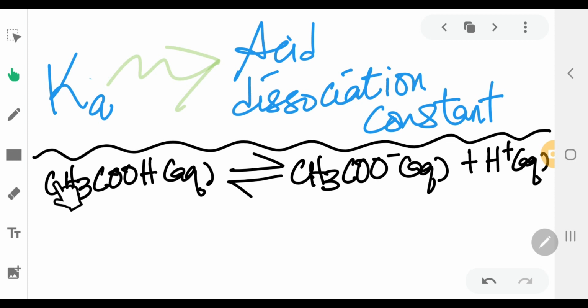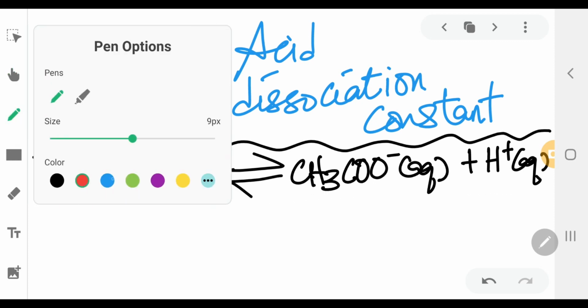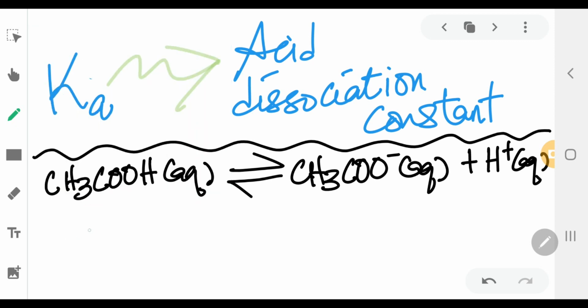Let's have a look at one example on how to write the Ka for this. We have the Ka, where the A stands for acid, the acid dissociation constant. The products go on top, and we write them in terms of concentration.